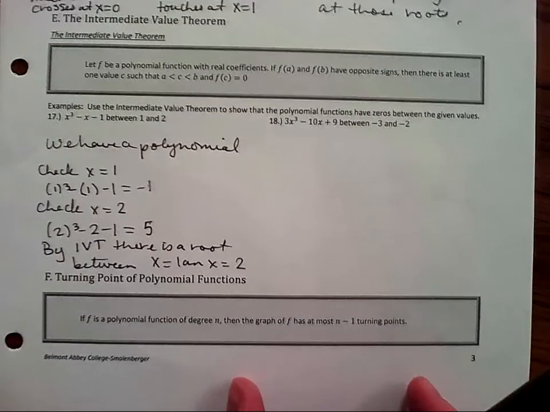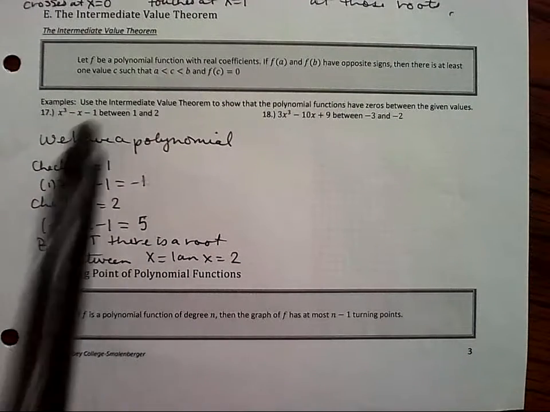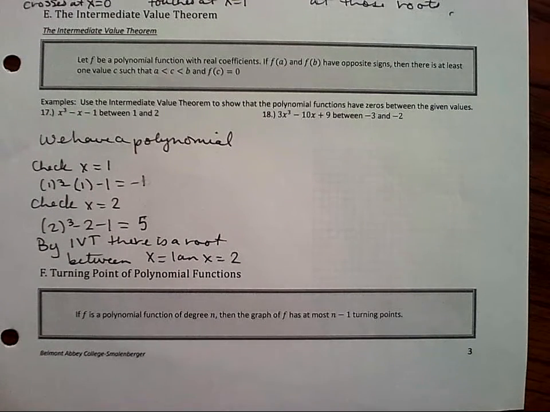I have a continuous function. This isn't only true for polynomials. This is true for any continuous function. If I have one negative and one positive, and I have to get between those 2 points without lifting my pencil, I'm going to cross the x-axis.